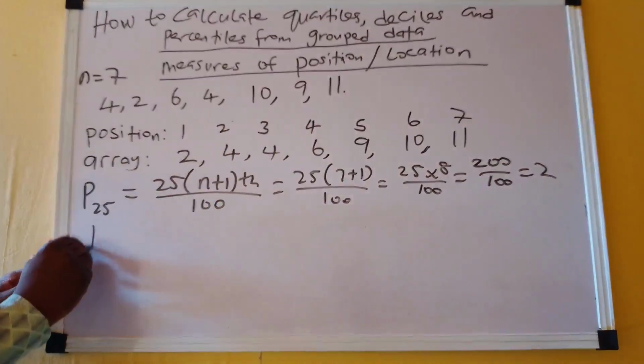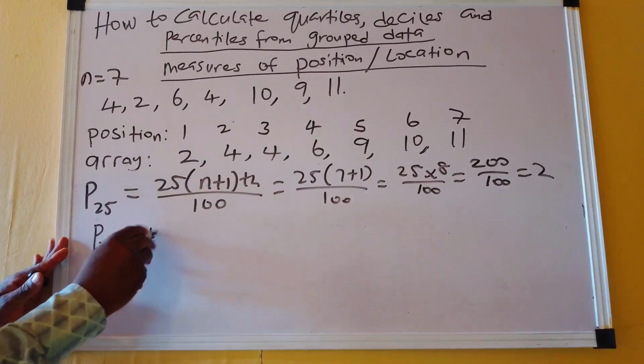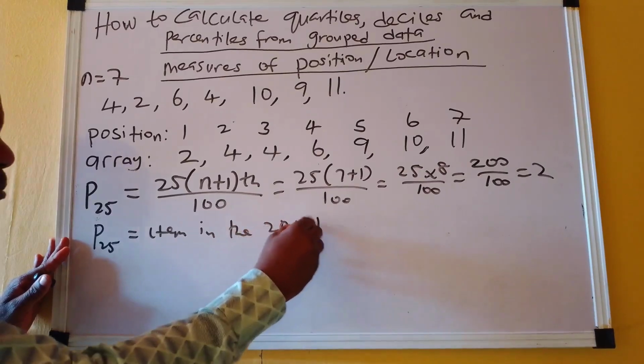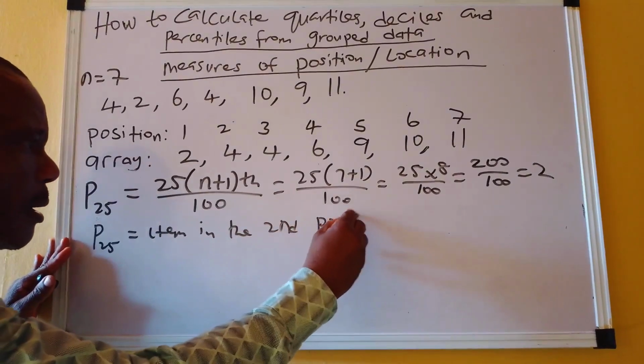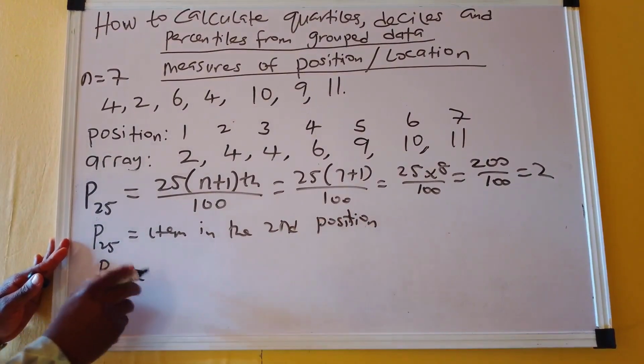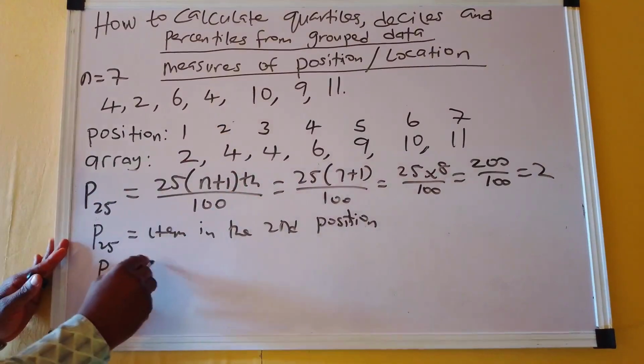So our P25 is equal to the item in the second position. And what is that item? Our P25 is equal to 4.